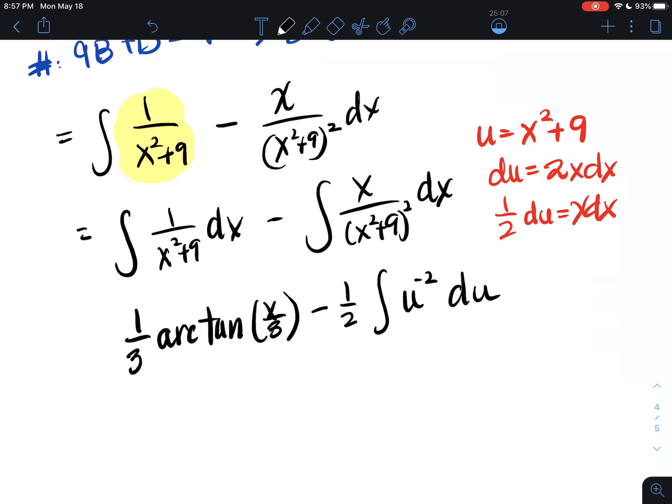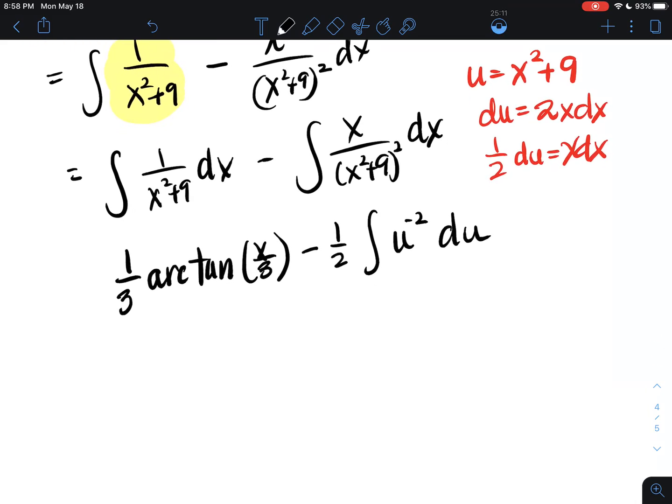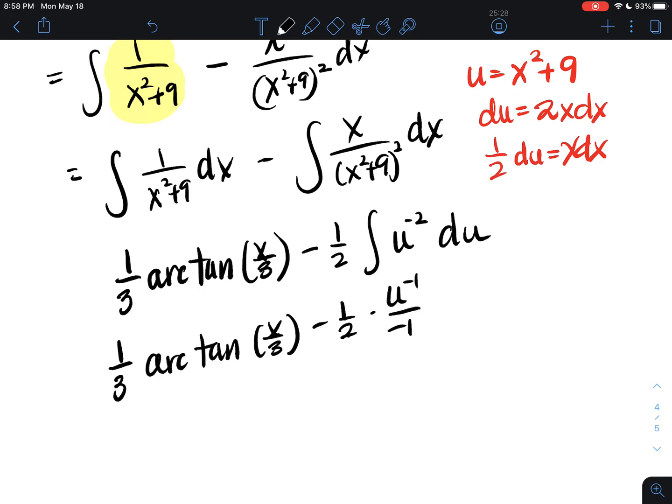Okay, so I kind of did a few steps. I hope we're okay with that. Okay, but it's 1 over u squared. Okay, so then let's take the integral for that. So I get 1/3 arctangent x over 3 minus 1/2 times u to the -1 over -1. And I put the plus c.